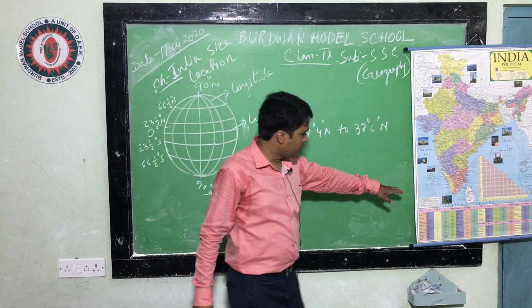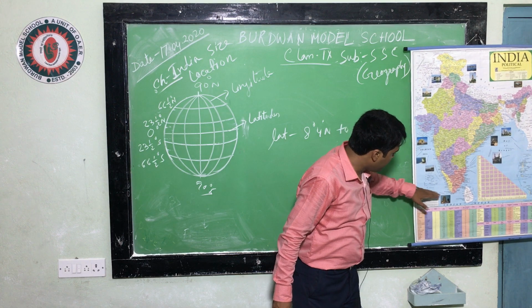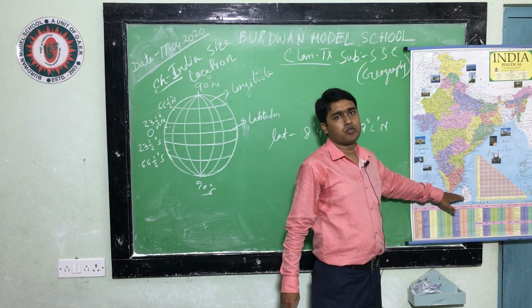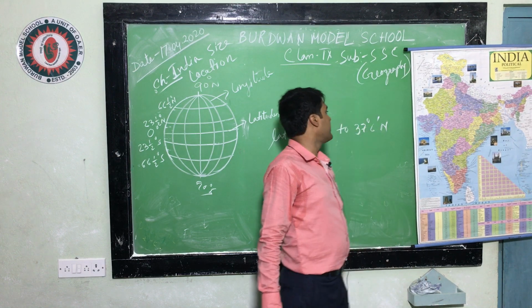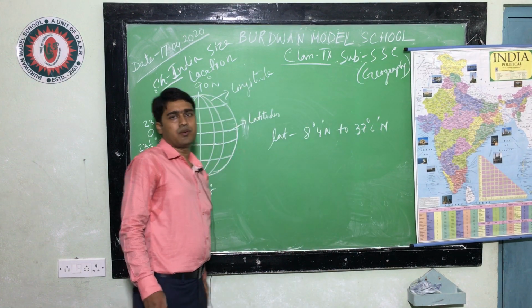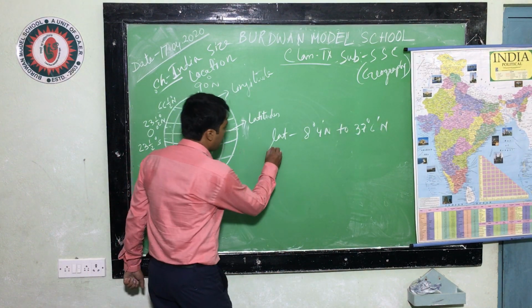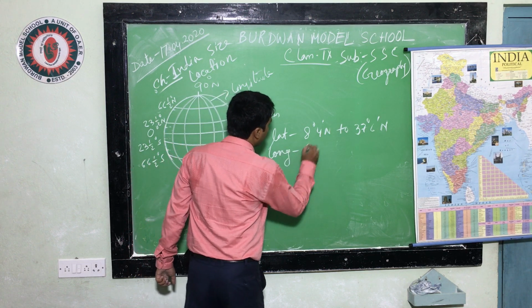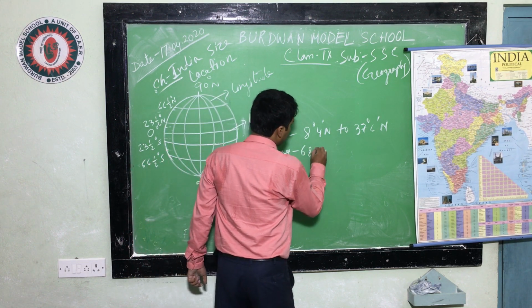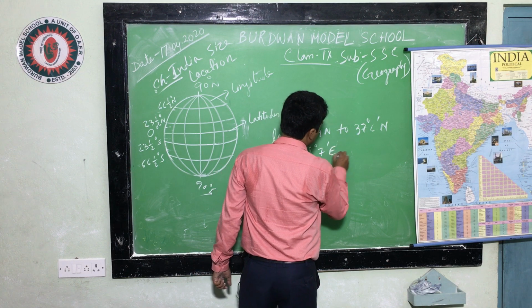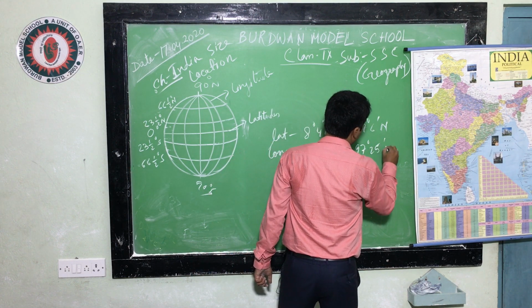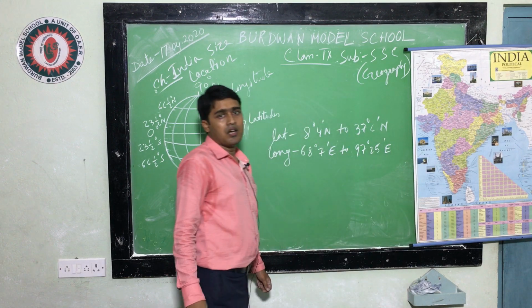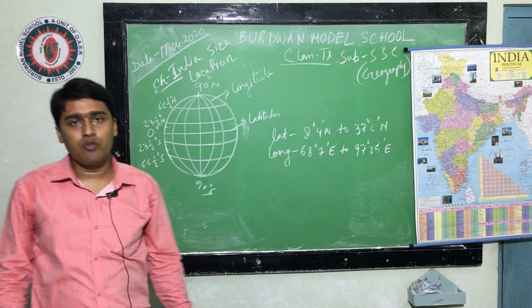In this map, it is also 8 degree 4 minute north latitude to 37 degree 6 minute north latitude. And the longitudinal extension is 68 degree 7 minute east to 97 degree 25 minute east.